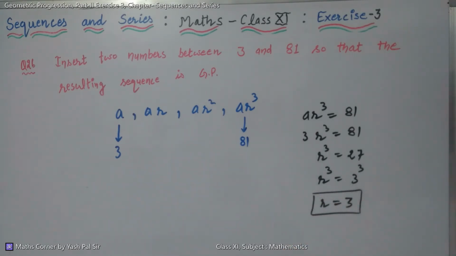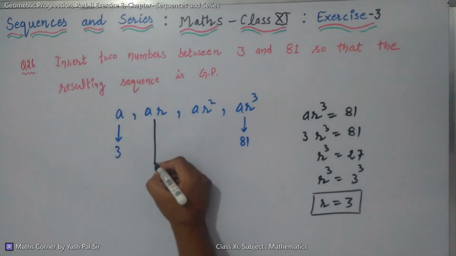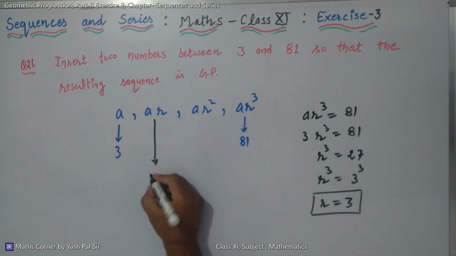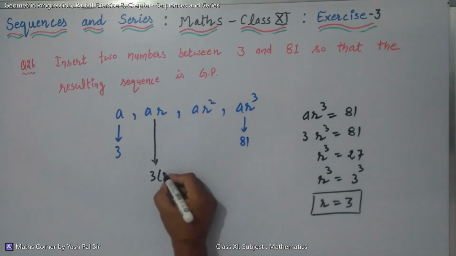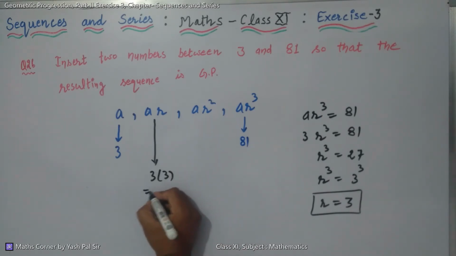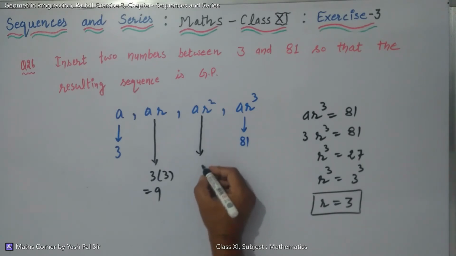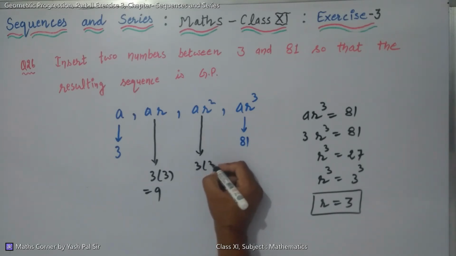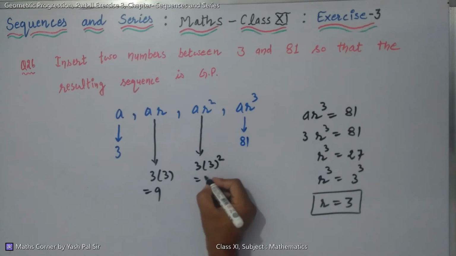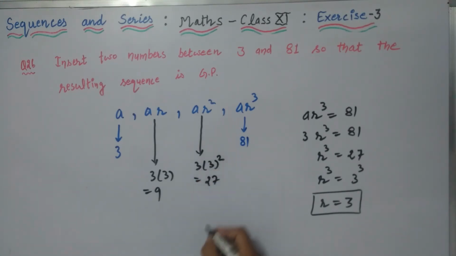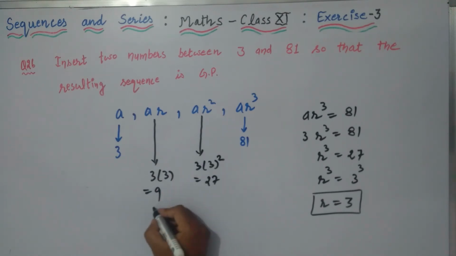So what is next? Find the two other numbers. What is this number? This is AR. The value of A is 3, R is also 3, this becomes 9. Next, what is this? This is A into R whole square, A is 3, R is 3, so 3 threes are 9, 9 into 3, 27. So first number is 9, second number is 27.